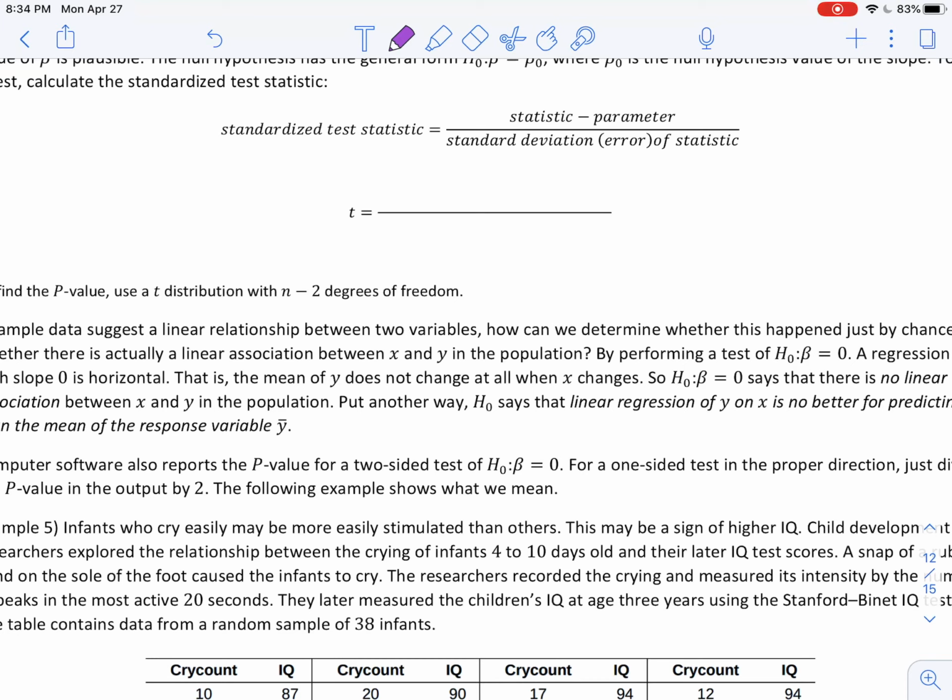So to do this, we always use our familiar formula for our standardized test statistic. The statistic is our best guess at the parameter value. So if I would like to know the population slope, I'm going to guess my sample slope. The parameter is what we're assuming to be true, so this is the population slope from the null hypothesis.